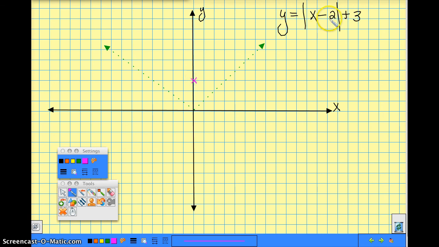Now, the minus 2 tells me I'm also going to shift it 2 units horizontally. Anytime you do a horizontal shift, it's going to be the opposite. So minus would make me think left, but really I'm going to move it 1, 2 to the right. So that means that my final graph will look like this after it has been shifted.